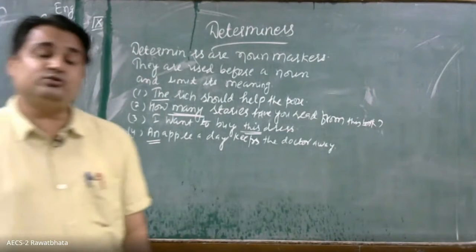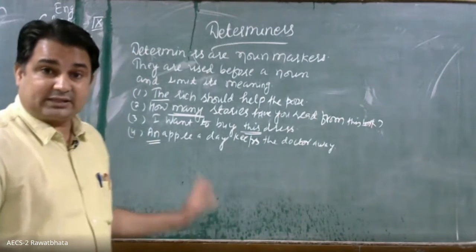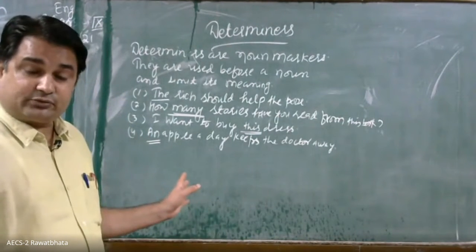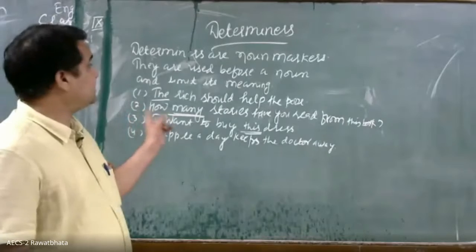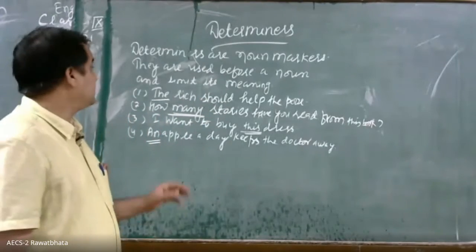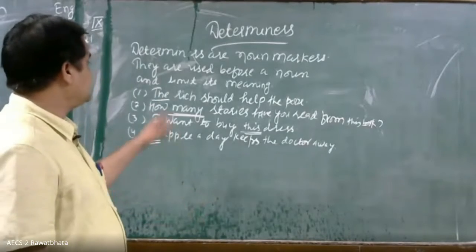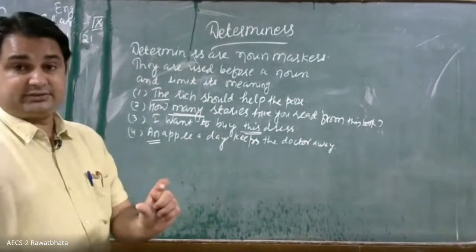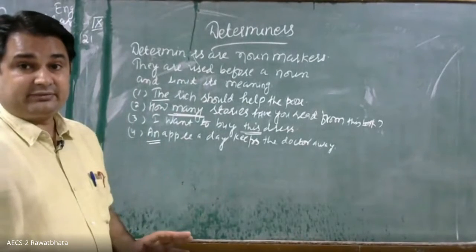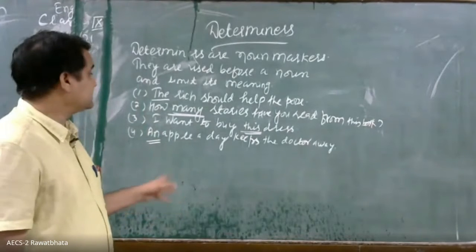So is it clear to you, students? What is a determiner? Yes, sir. Determiners are noun markers. They are used before a noun to limit its meaning, as we have discussed in all these examples.